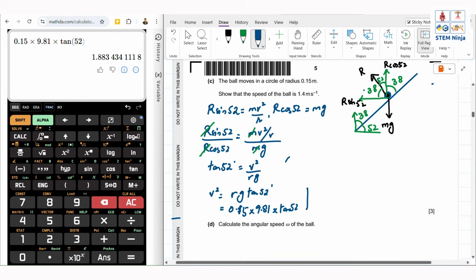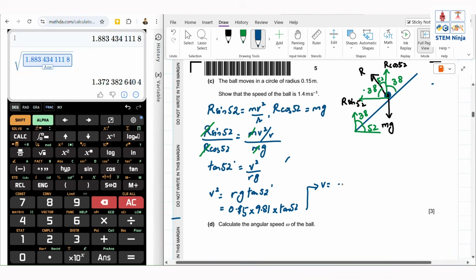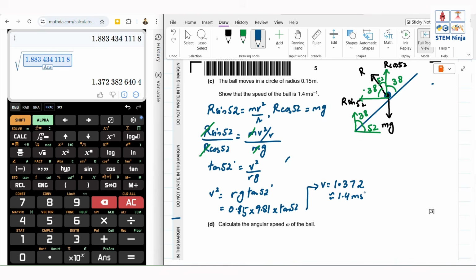Once we find that, we need to take the square root. The answer is 1.37, roughly equal to 1.4 meters per second.